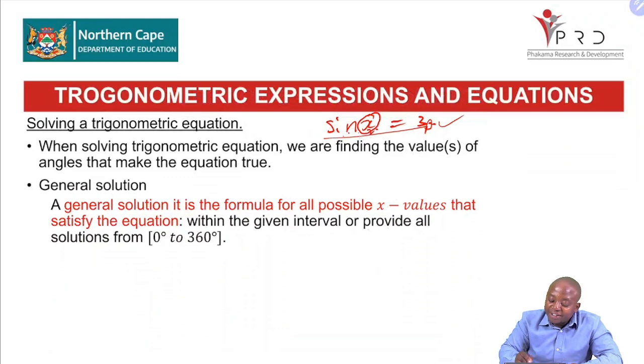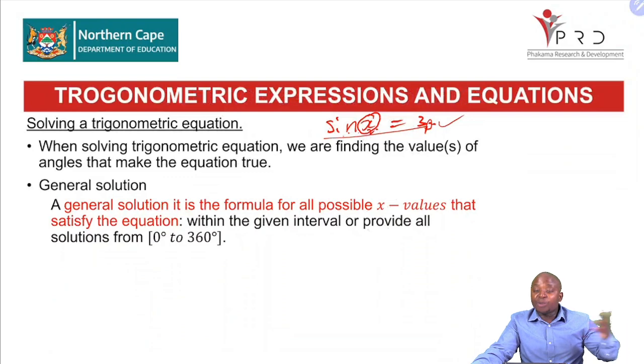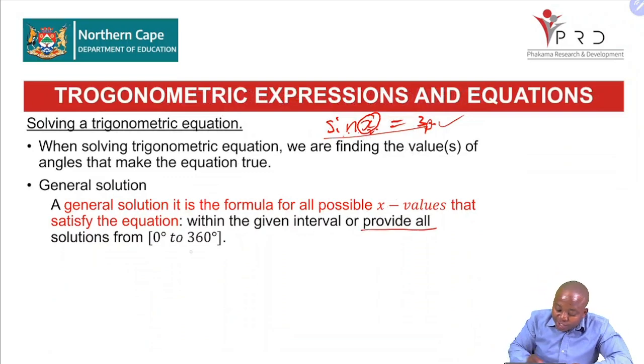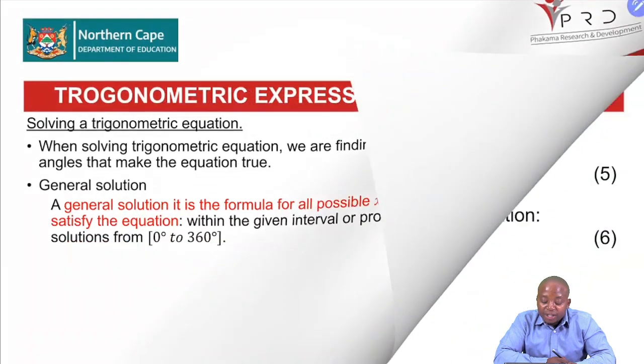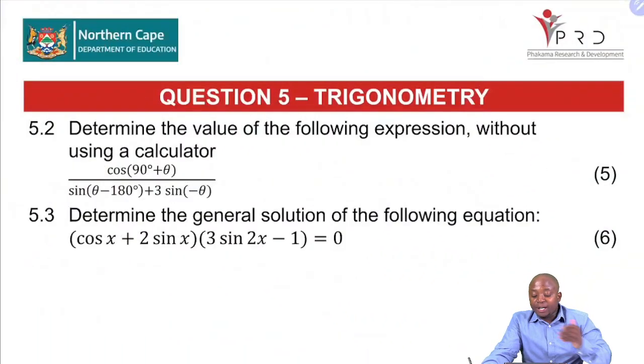If no interval is given, maybe between 0 and 90 or 0 and 180, we provide all the solutions from 0 to 360. So that is how we work with expressions and equations. With expressions we are just simplifying, and with equations we are mostly dealing with a general solution.